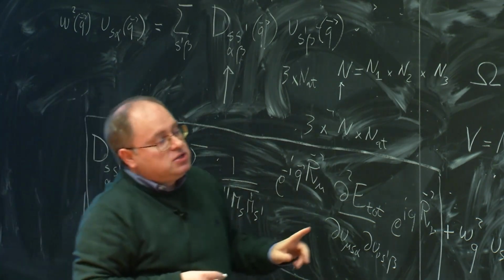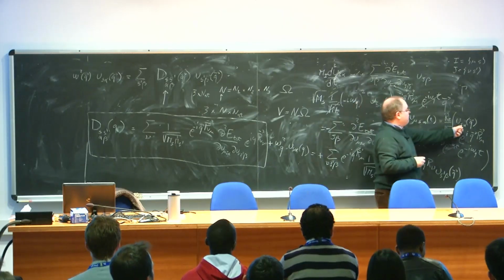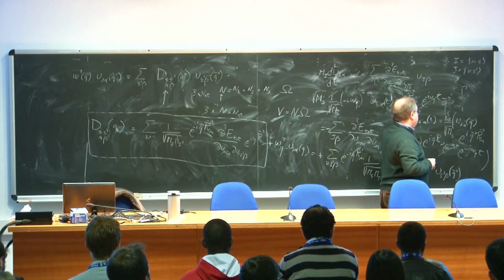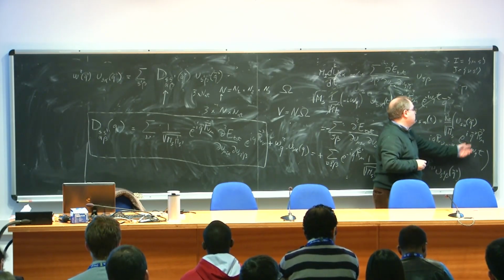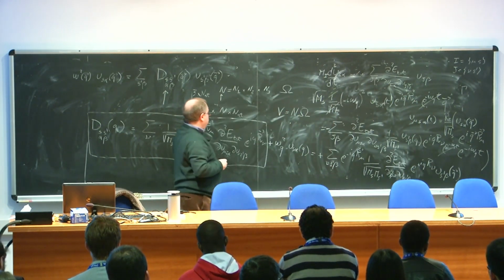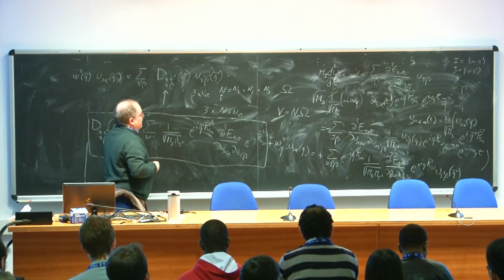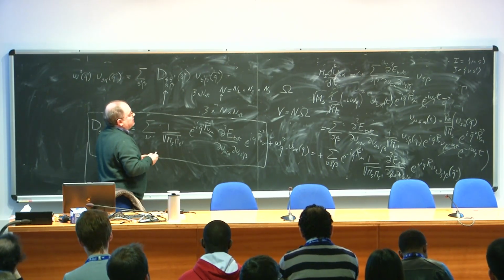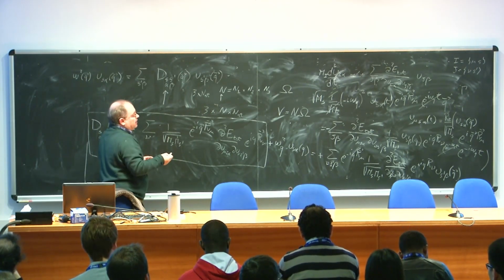If we want the displacement, we should put the eigenvector here, divided by the square root of the masses, and put this phase. Clearly, the dynamical problem is completely defined once we give the initial positions and the initial velocities.